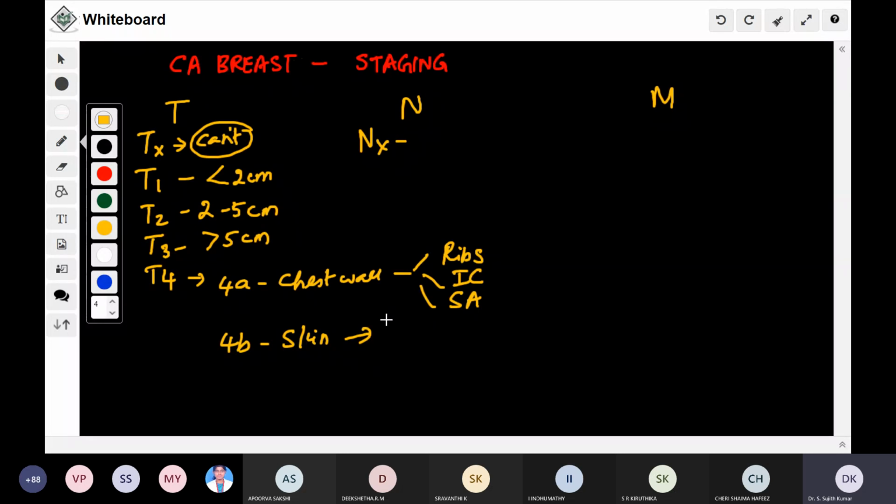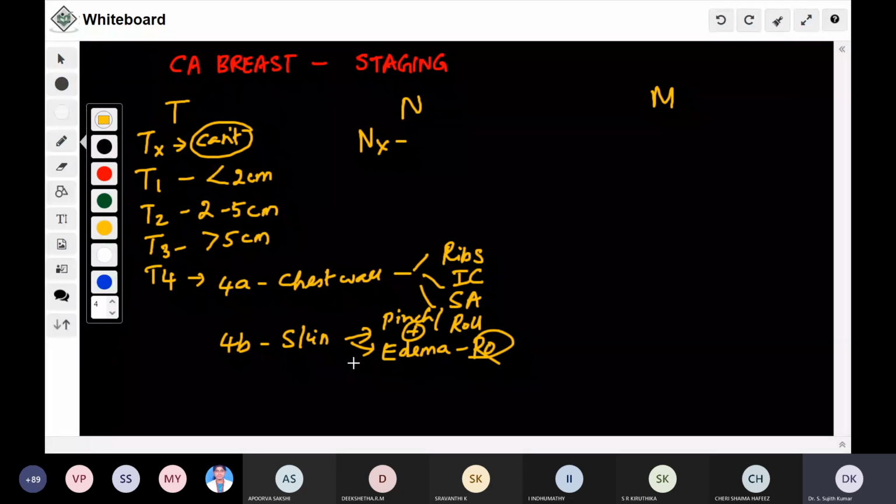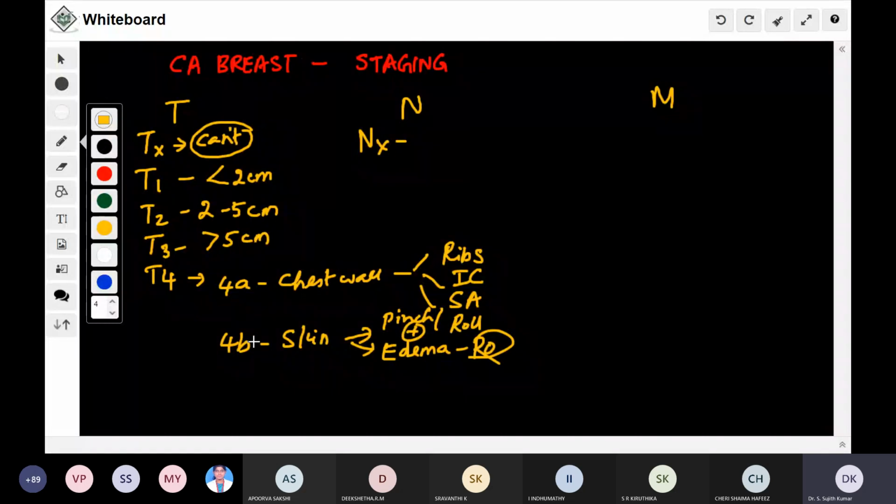That is the pinchability or rollover test; if positive, skin involvement is there. Or else edema is present. The typical example is peau d'orange appearance. Edema is also suggestive of skin involvement. So if you see any patient presenting with peau d'orange, your stage ultimately comes to 4B.